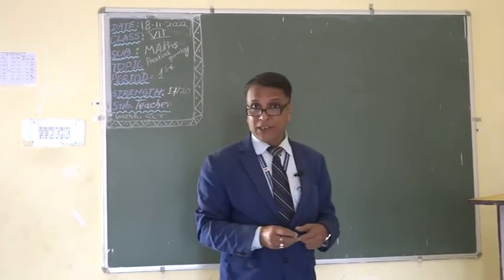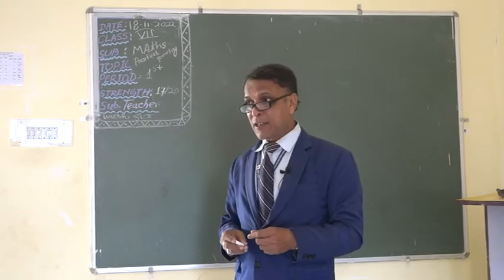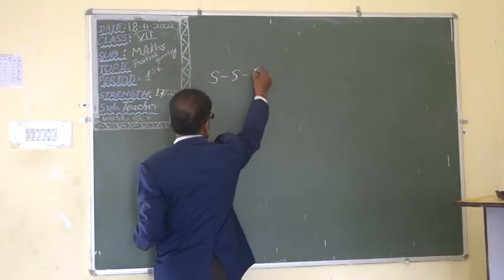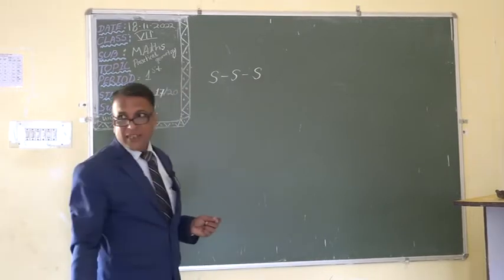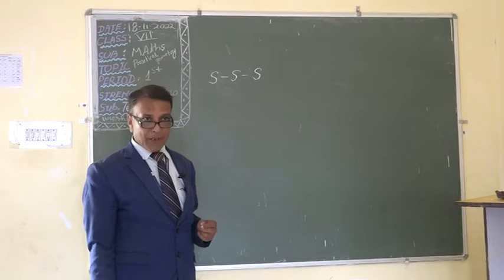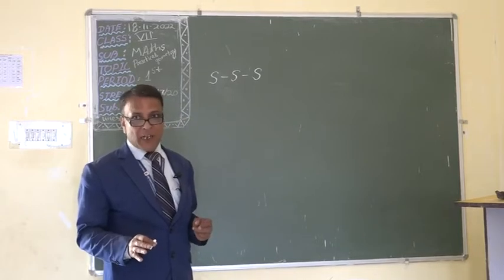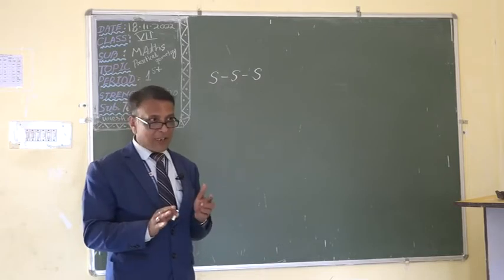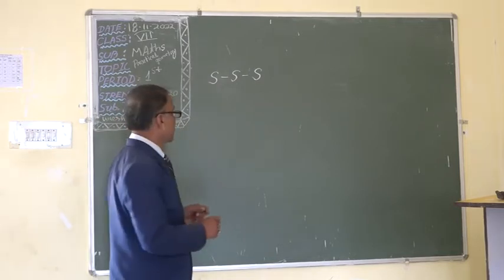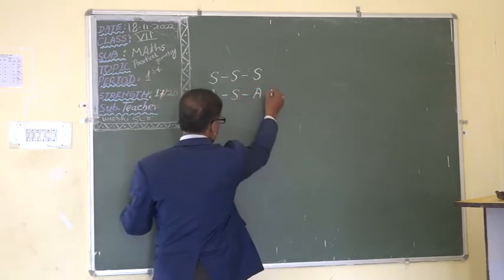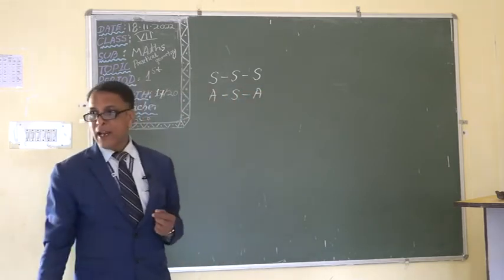About practical geometry, already in our previous classes, I discussed the SSS condition for construction. That means, if three sides of a triangle are given, how you will construct a triangle. I also gave you an example. We also discussed the construction based upon ASA.